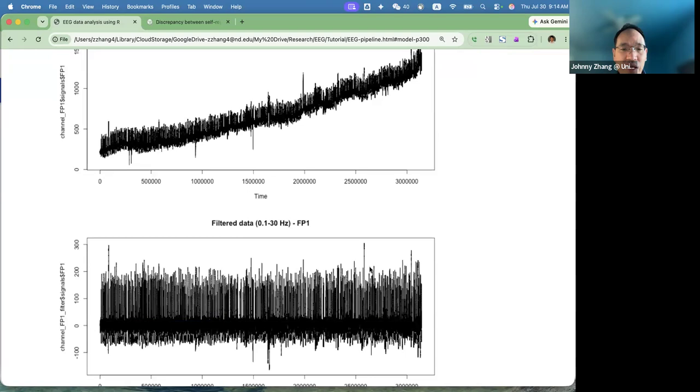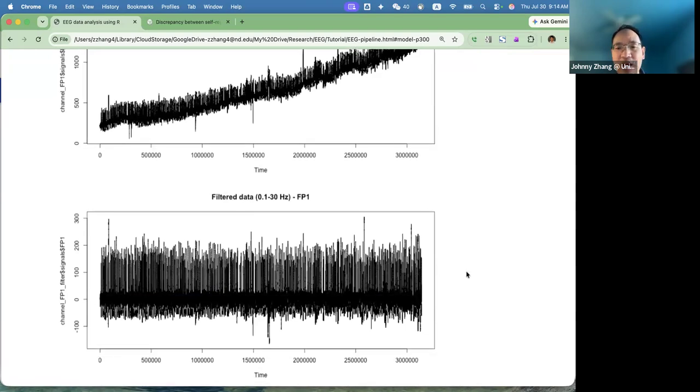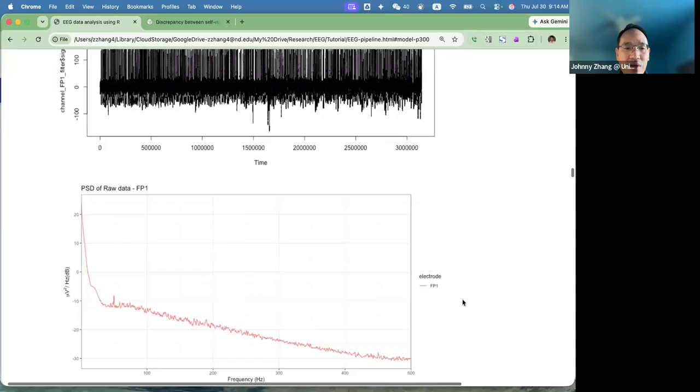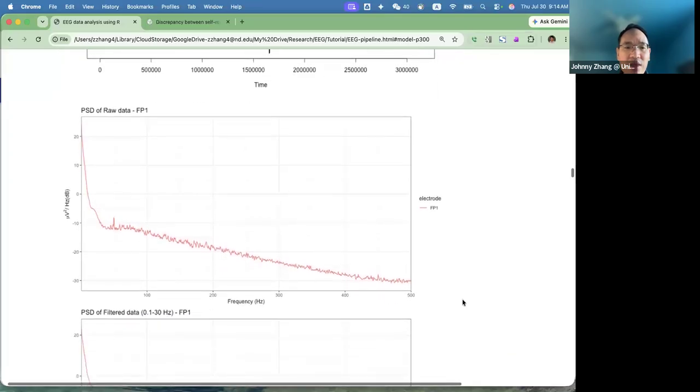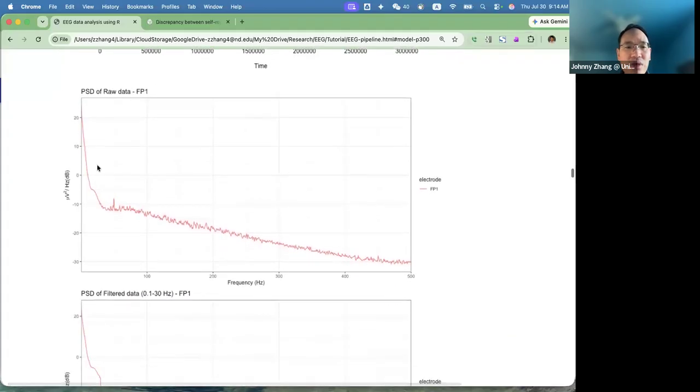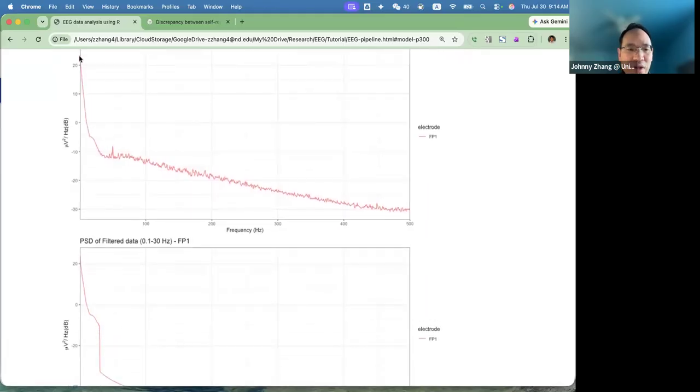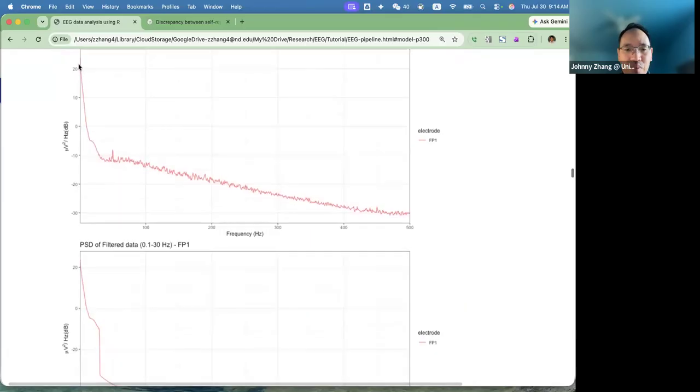Using a time series plot, it is very hard to see the signals with different frequency, but we can use the power spectral density plot. So this is before filtering. Notice that we have low frequency signals. We also have high frequency signals.